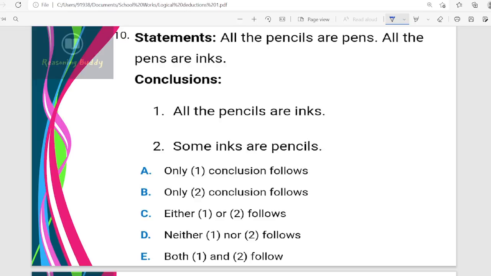I'm giving you time of 1 minute. Giving you time of another 1 minute. Go ahead.